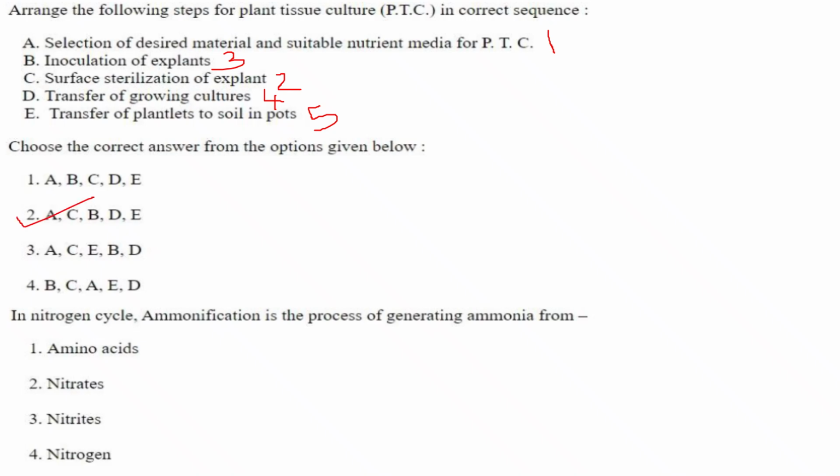In the next one, in the nitrogen cycle, ammonification is the process of generating ammonia from... So ammonification, I told you, is done by decomposers.